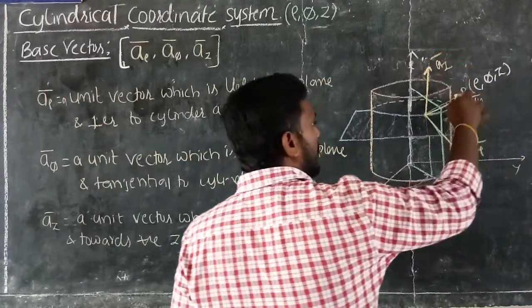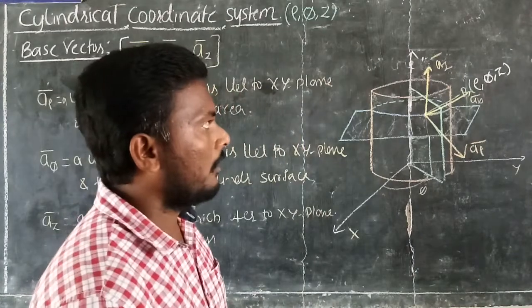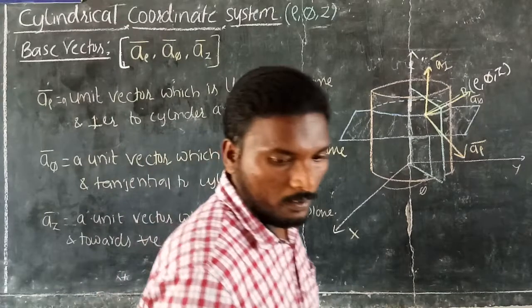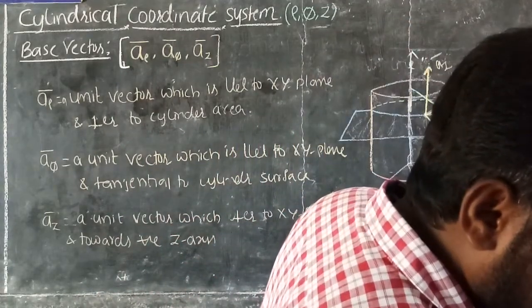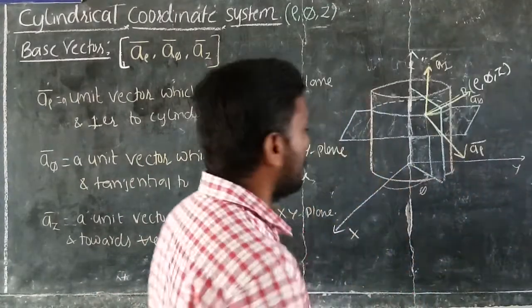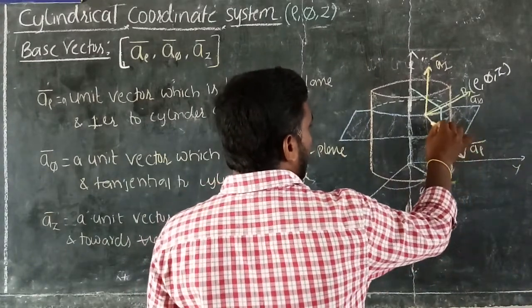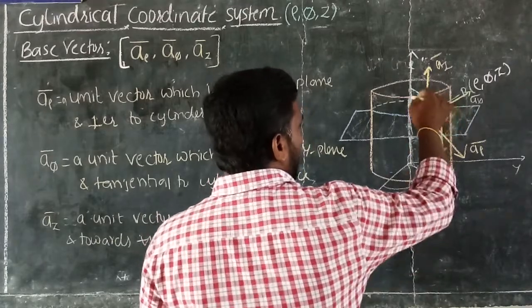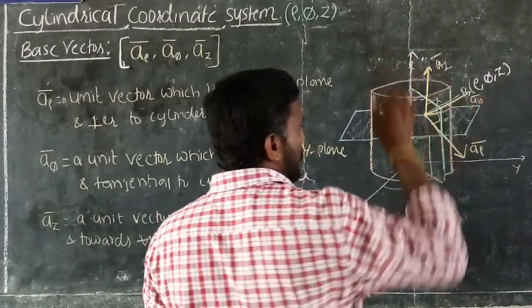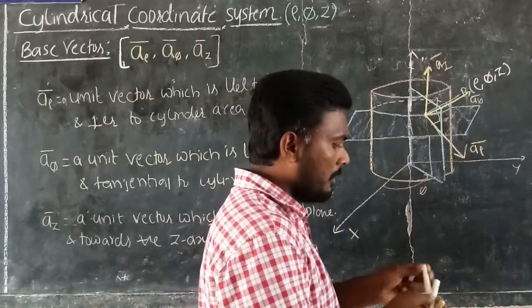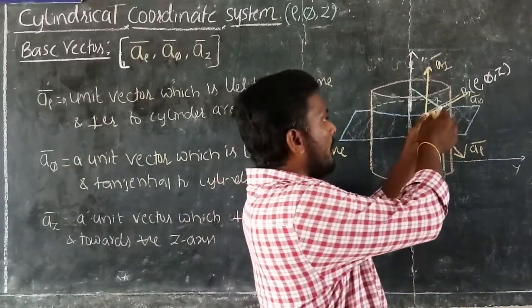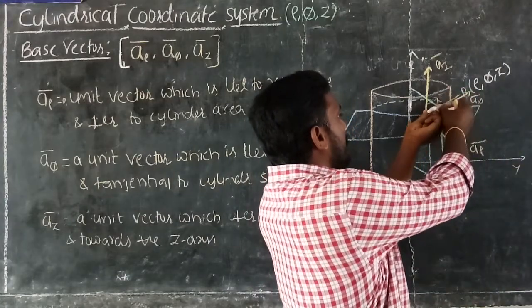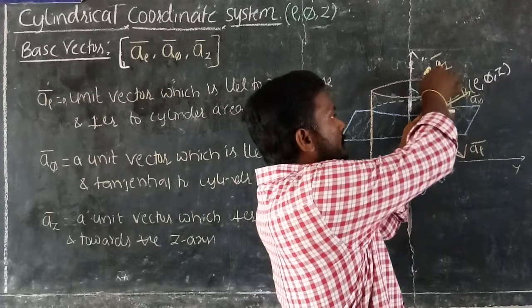Now how are these three vectors oriented here? How much angle is there between the unit vectors? They are 90 degrees apart from each other. That means the angle between a rho and a phi is 90 degrees, a phi and az is 90 degrees, and az and a rho is 90 degrees. The three unit vectors are oriented like this: a rho bar, a phi bar, and az bar.